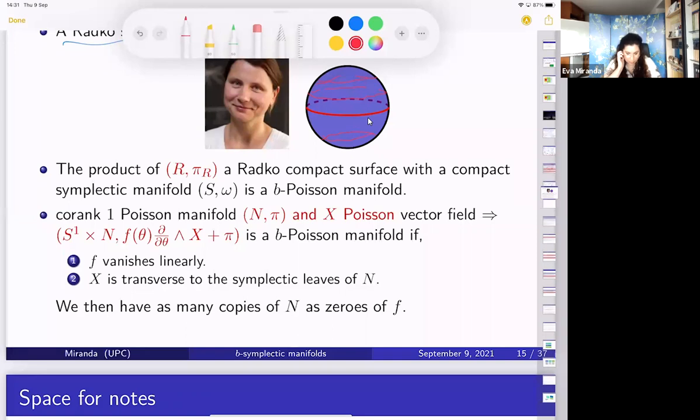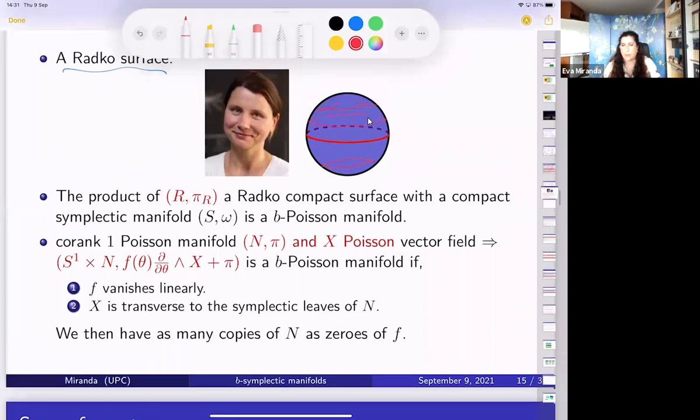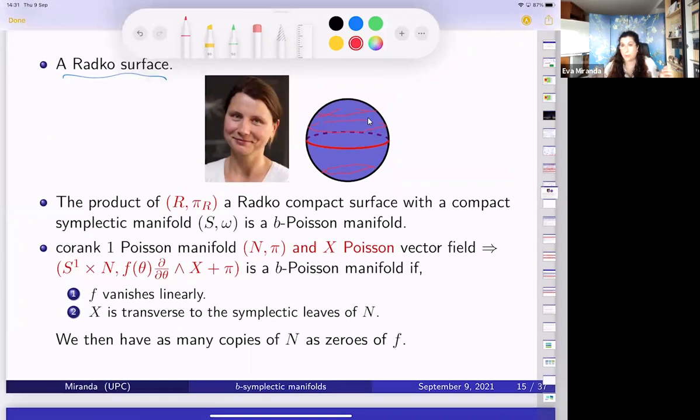So there are natural questions. For instance, what is the structure induced on this set? We already saw from the example of Marcello, and this happens in any two-dimensional case, that what you're going to have is a union of circles where the symplectic leaves are the points, and the Poisson structure induced in the two-dimensional case is 0.